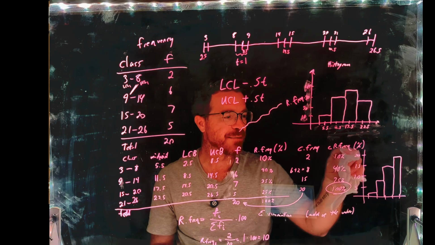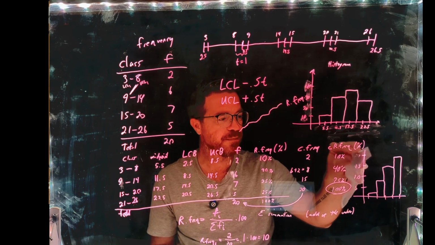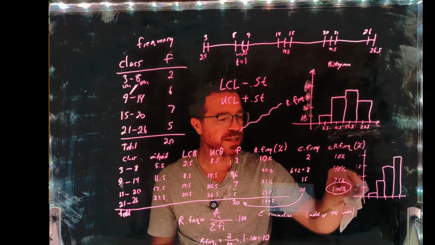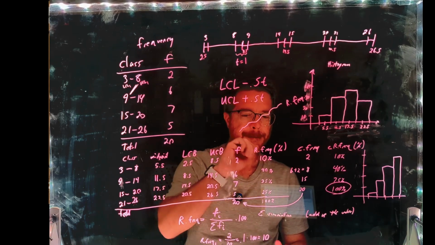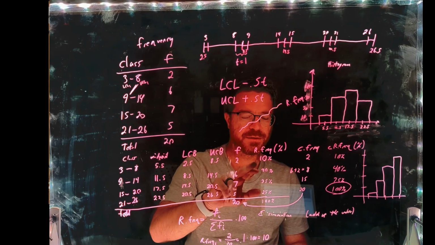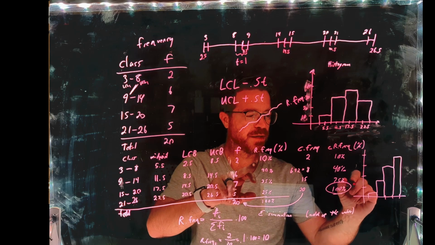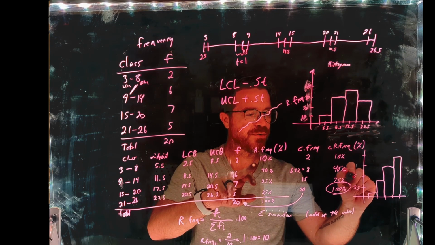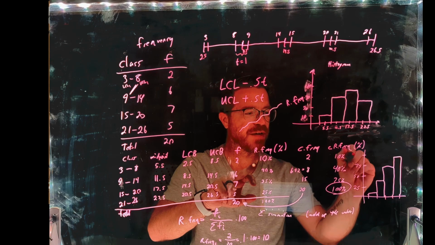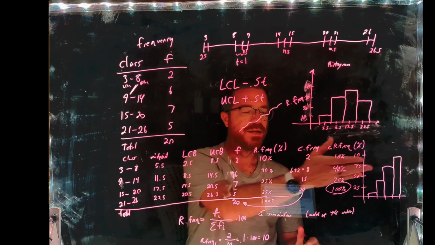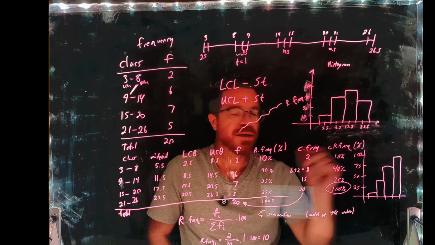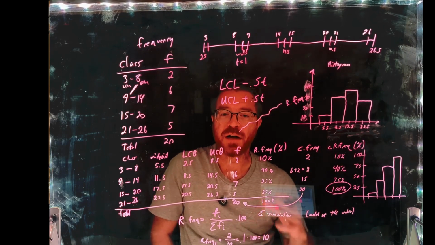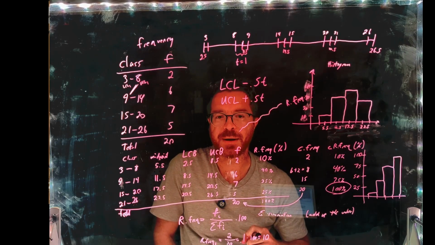So, for example, if I were to change that scale, I'm just going to put these as 25%, 50%, 75%, 100%. And then boom, I've got a cumulative relative frequency histogram just by changing the scale of my cumulative frequency histogram.